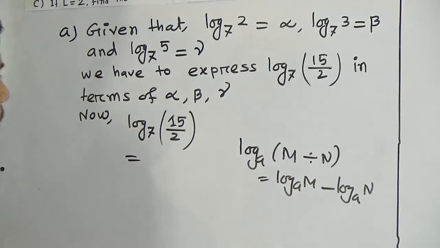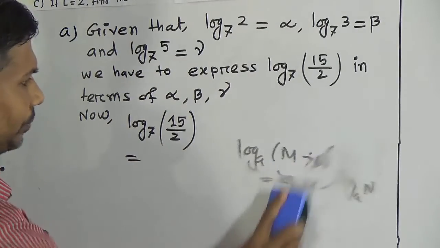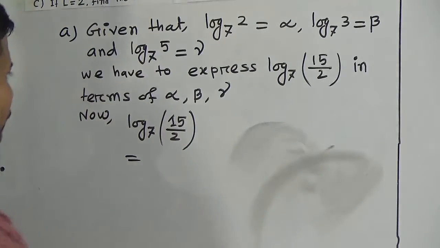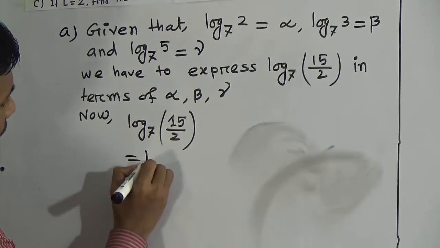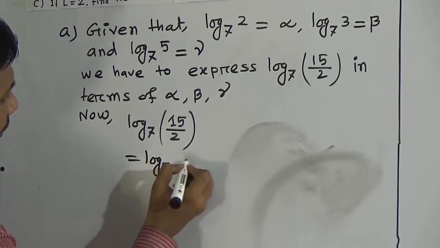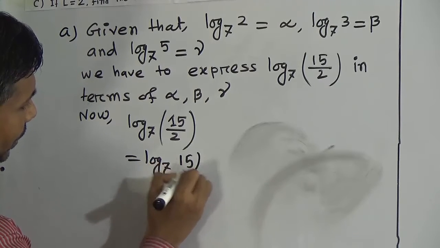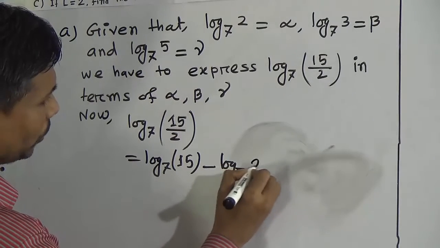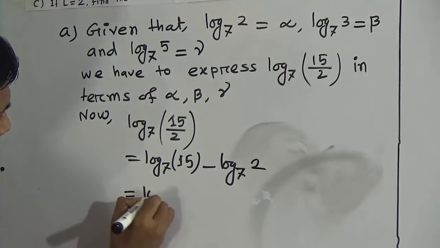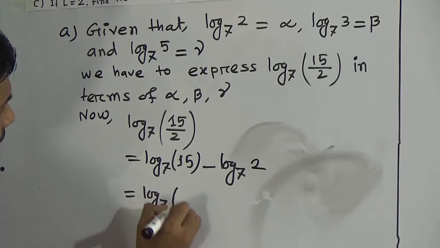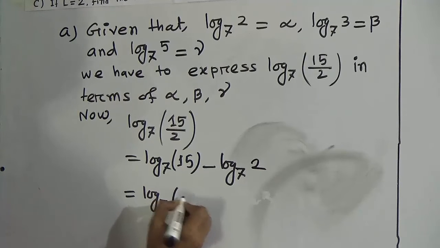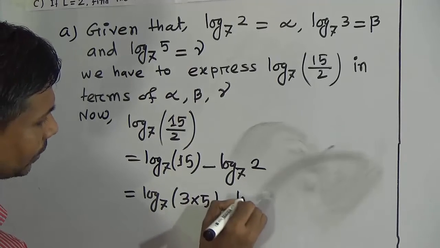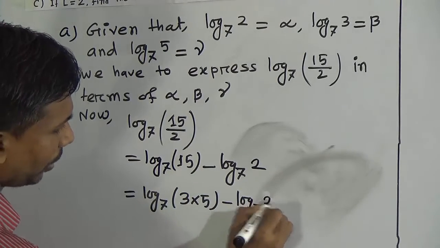So according to this formula, we have to write this as log 7 15 minus log 7 2. Now this can be written as log 7 3 into 5 minus log 7 2.